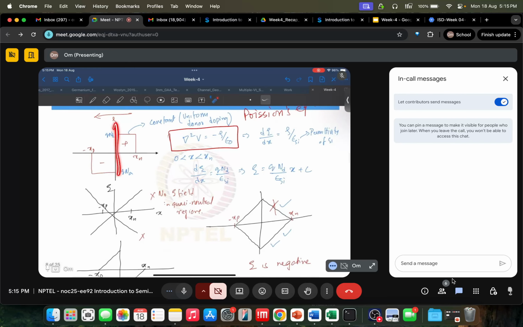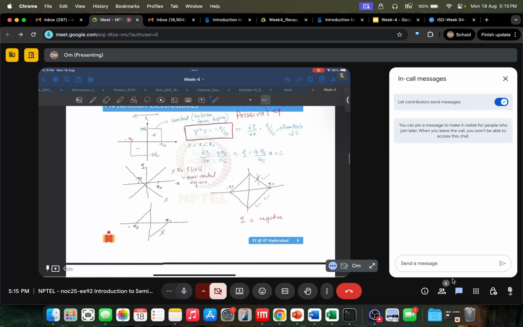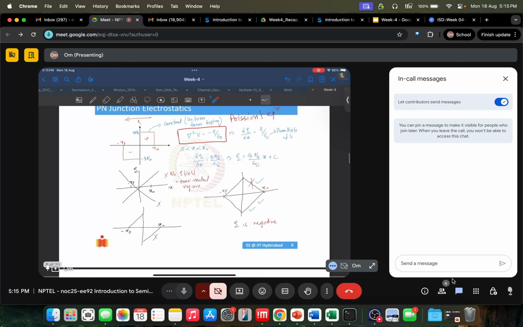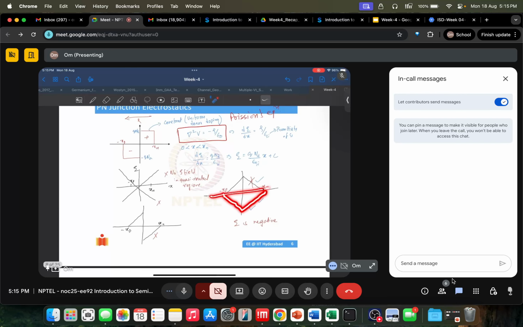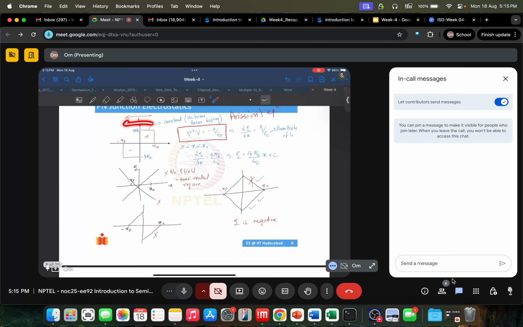Here this is the charge plot, from minus xp to plus xn, with 0 here. This is qN. If we integrate this, the electric field comes out to be qN dx by epsilon plus a constant. And the electric field is like this. E is negative because the electric field is directed from the positive to the negative side.